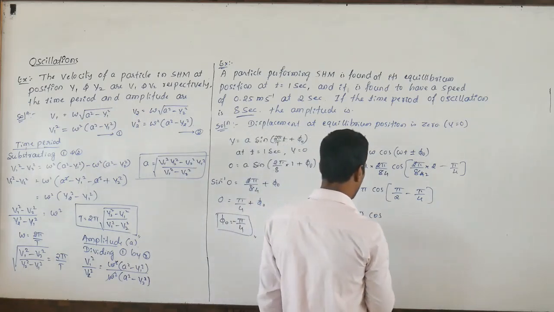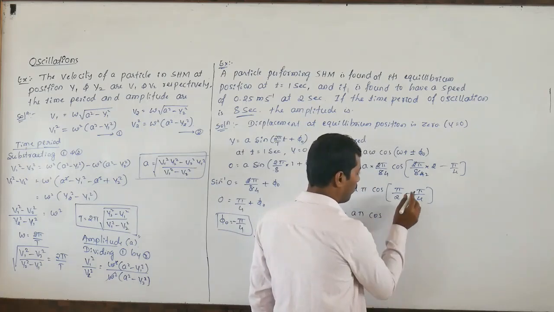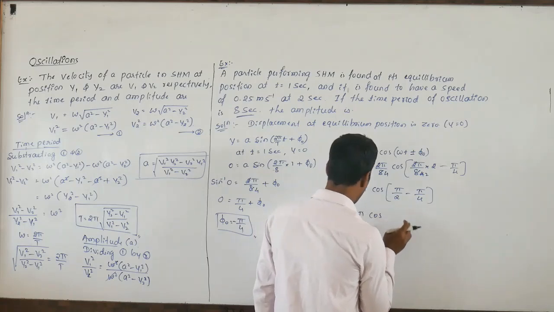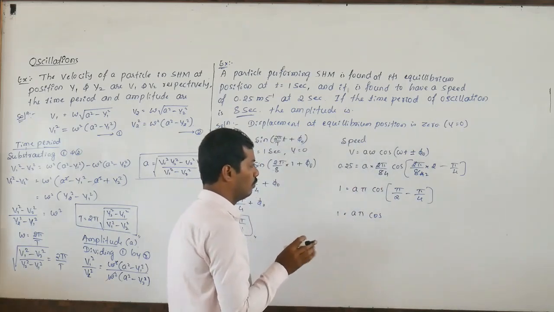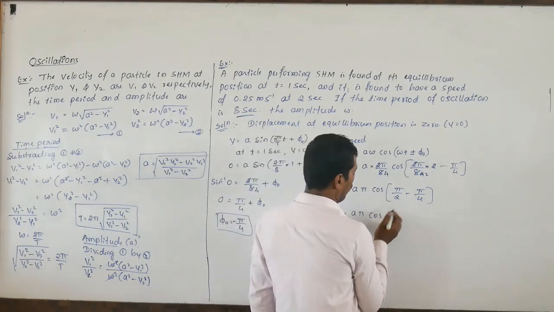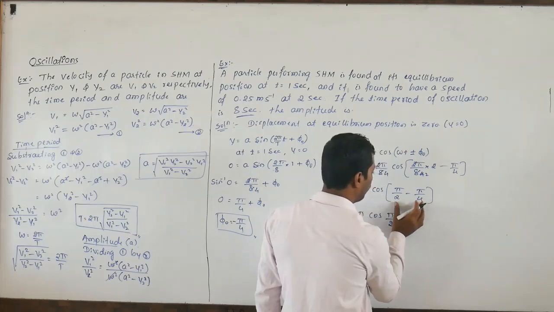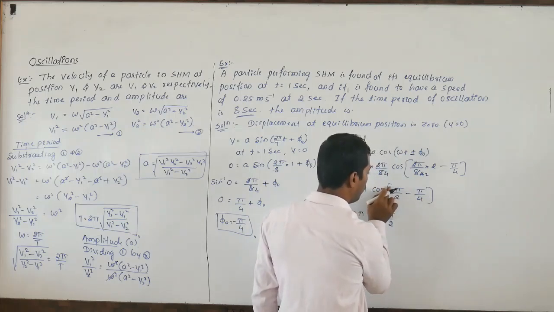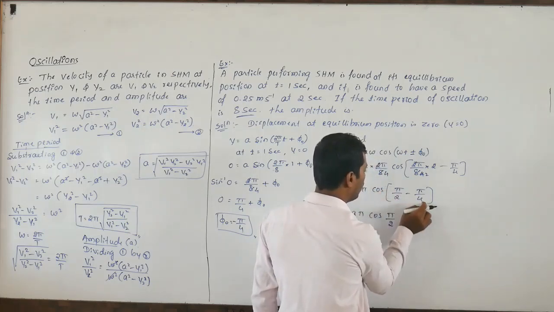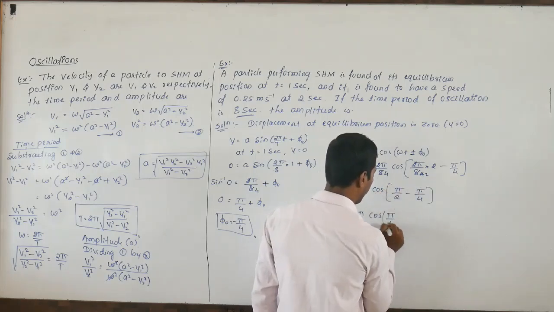We have to calculate the value here. Cos of pi by 2. Because the LCM is 4, here it is 2, and 2 minus 1 is pi by 4.